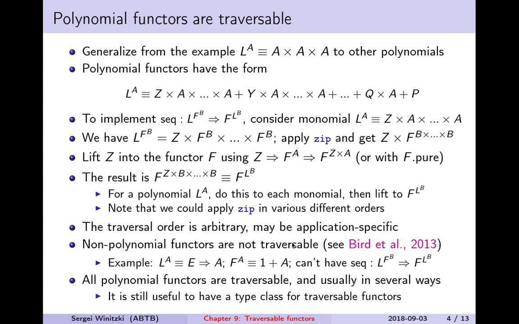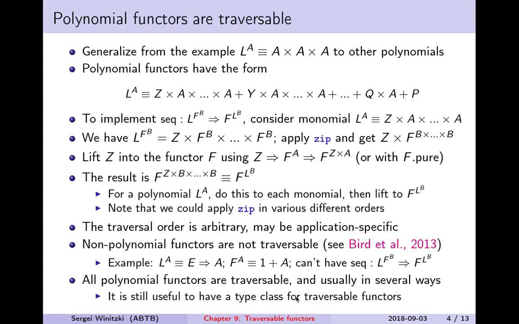So if you have a lazy infinite stream, that's not traversable. They have to be finite, and they have to be polynomial. So that is proved in this paper in a complicated way. I'm not going to try to understand how they did it. I believe that this is so because I have examples that even the simplest non-polynomial functor can't have a reasonable implementation of sequence.